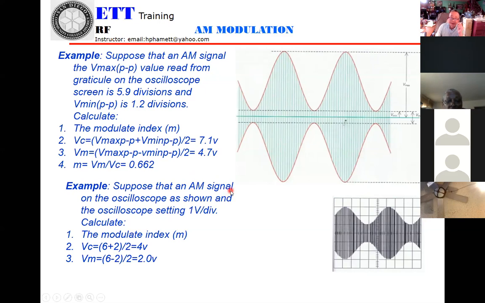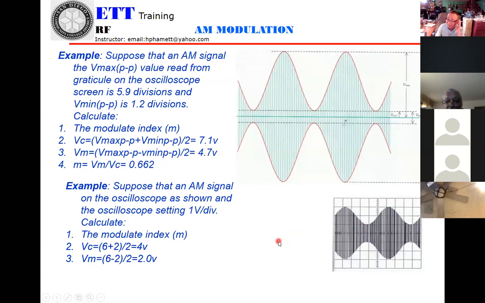Okay, any question on this page? Mr. Pham, just on this one where you got the 6 plus 2 and 6 minus 2, that's for the peak to peak, right? Yeah. Because I mean, you could do it 3 minus 1. Yeah, depends. You're counting from here, up here, 6 division, 6 volt. From here to here, 2 volt.